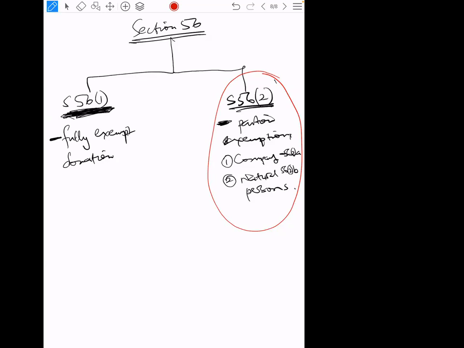Ex-husband, that's not a spouse. Ex-wife, that's not a spouse. And you're going to say, this one I know it, 56(1)(a), you'll be wrong. You know what a spouse is. Sharp. So section 56(1)(a), done.